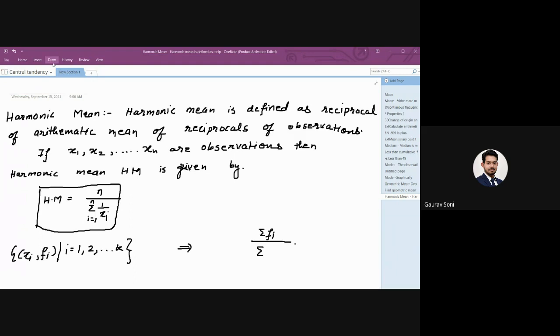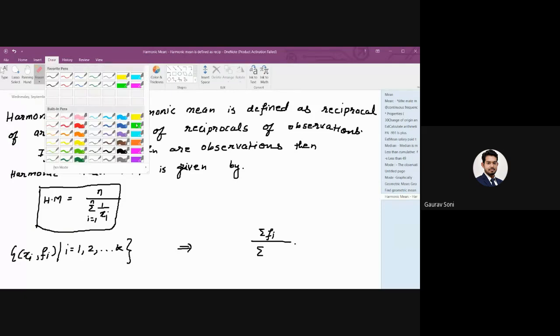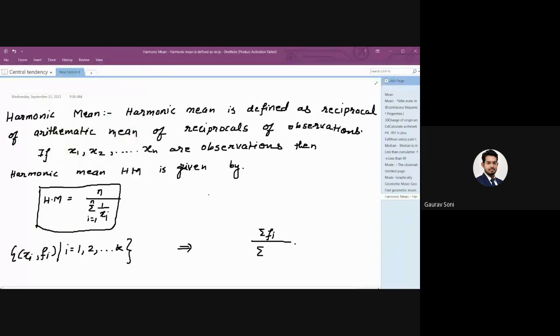So that is going to be summation fi upon summation fi by xi, i running from 1 to k. This is how we find out the harmonic mean.